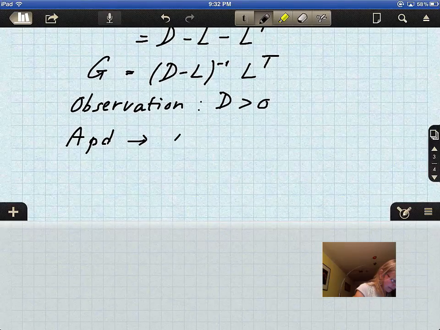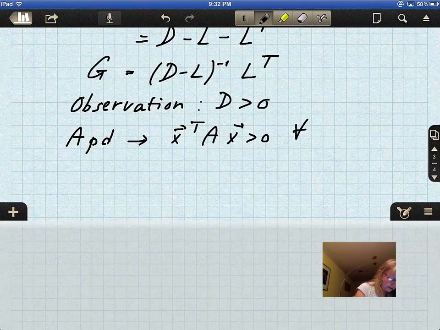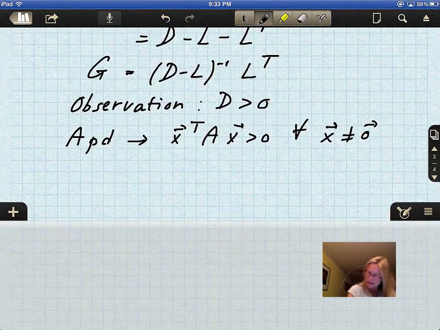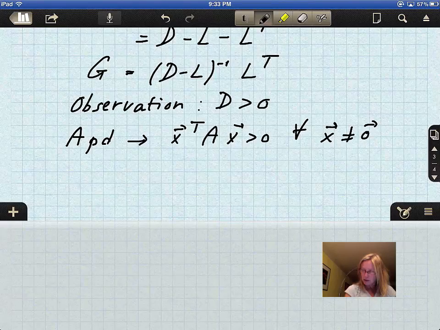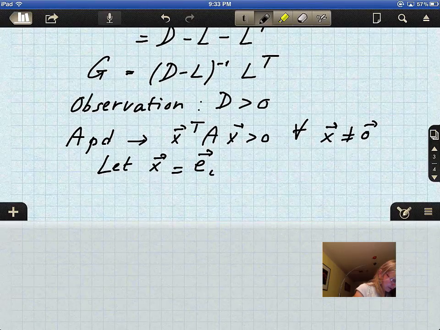That means that x transpose Ax is bigger than 0 for all x not equal to 0. Okay? Like this. So if this is true for all x's, it must also be true for the unit basis vectors. So let's take x equal to one of them, so e_i.